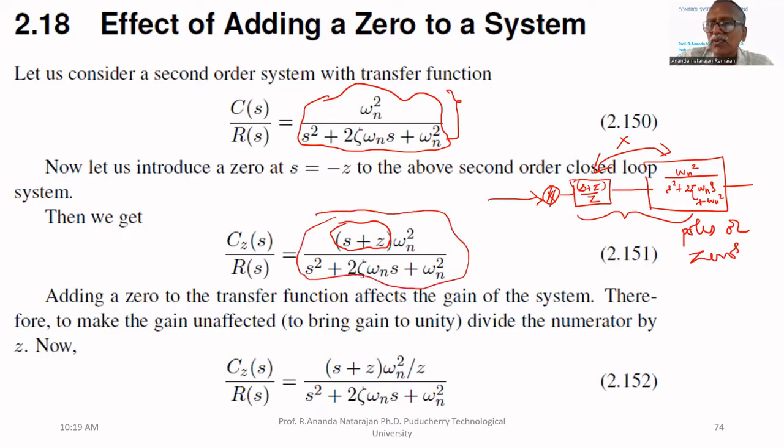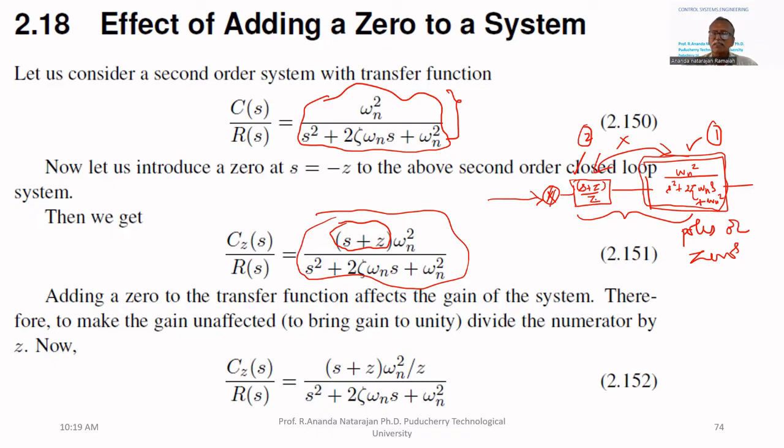This is the original system. This system has to be controlled. The second system is cascaded to that only to modify its characteristics. That's all. That additional system is S plus Z upon Z.